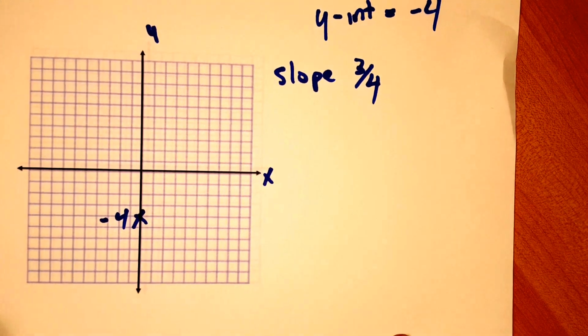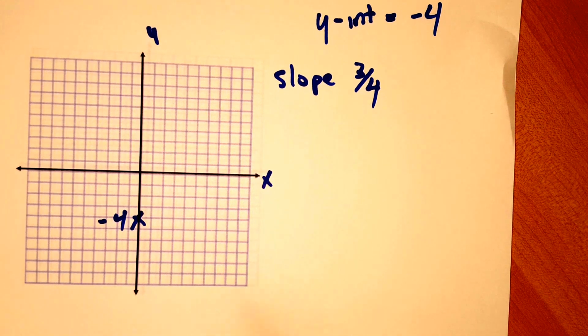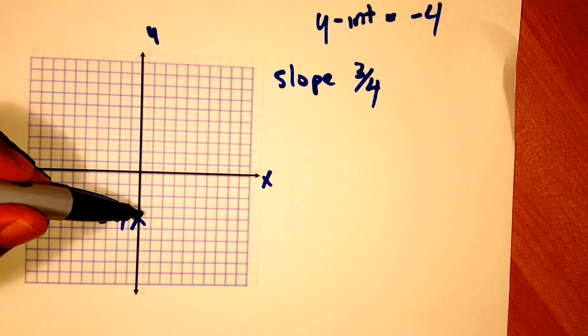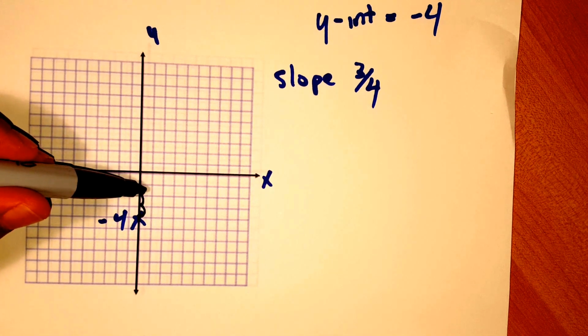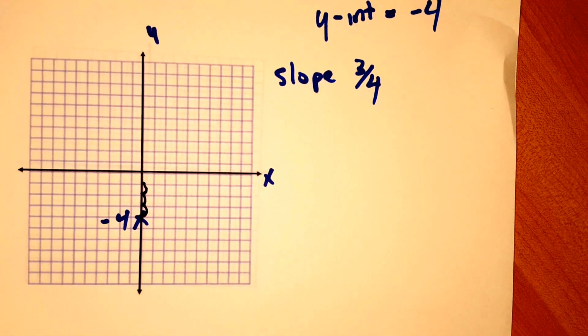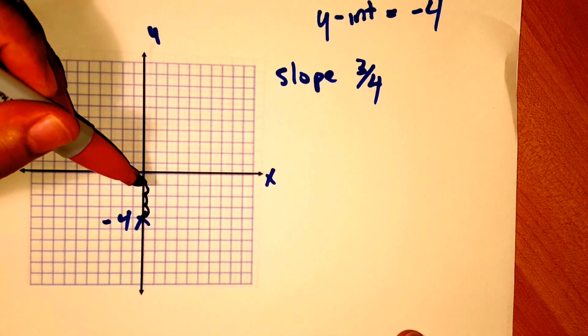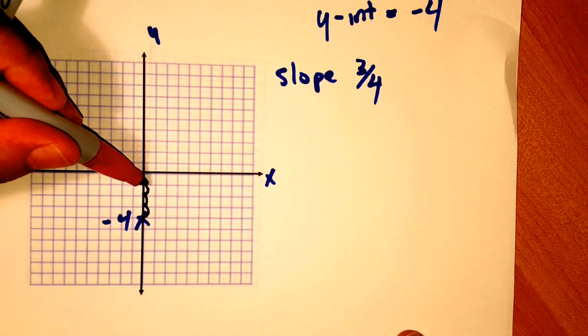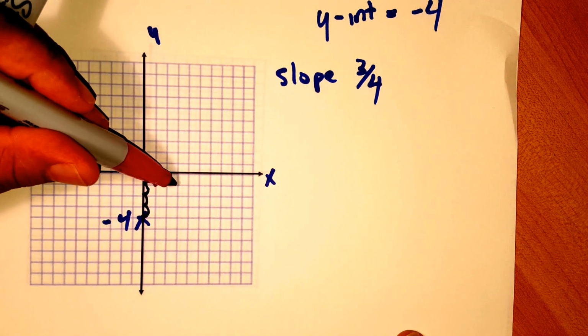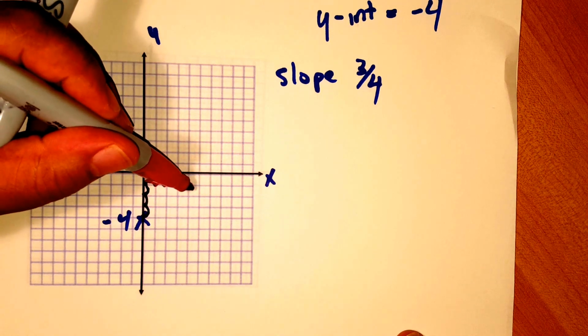And our slope, like we looked at last lesson, is just rise over run. So we're going to go up 3 and to the right 4. So that means going up 3, 1, 2, 3, and then to the right 4, 1, 2, 3, 4.